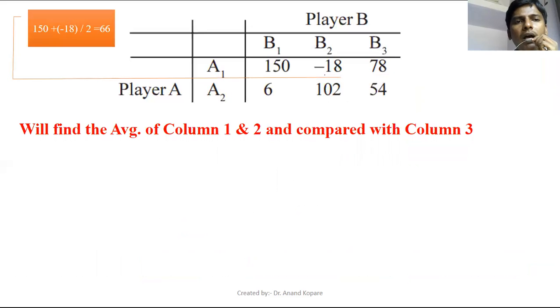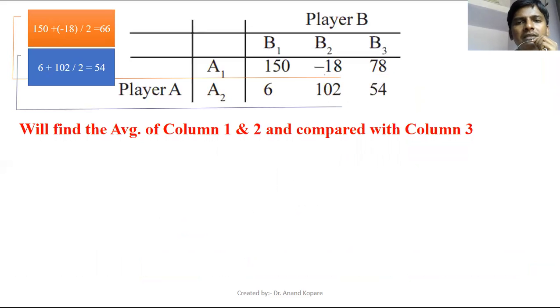So the average of column number 1 and 2 is 150 plus (minus 18) divided by 2, that is 66, and for the second value, 6 plus 102 divided by 2, that is 54. Compare these average values with column number 3 like this.